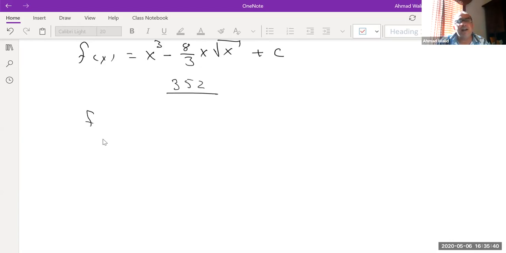Here, I will write function. And next column is your particular antiderivative, not general. Particular antiderivative.